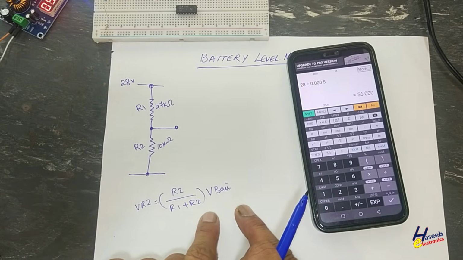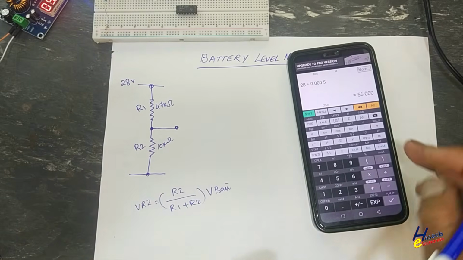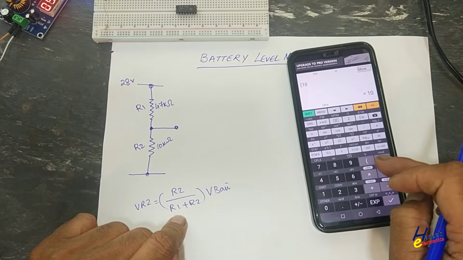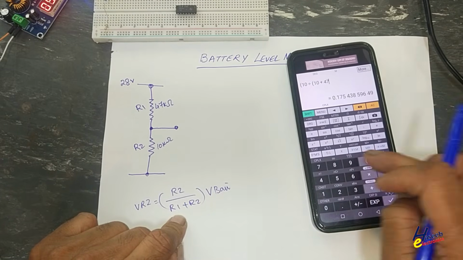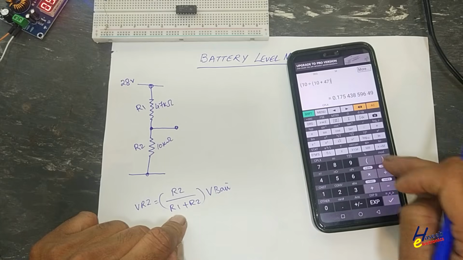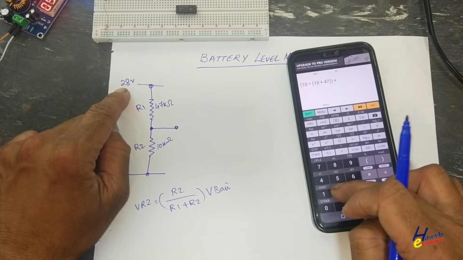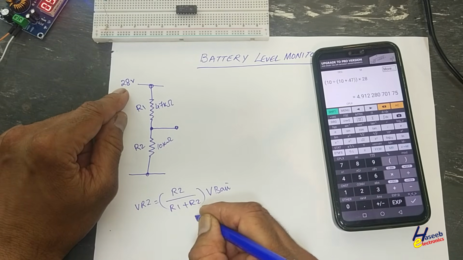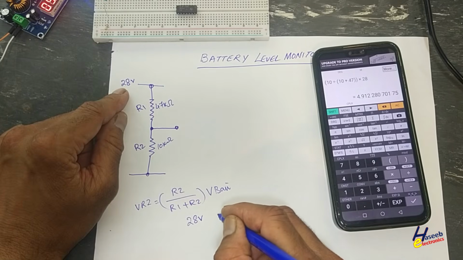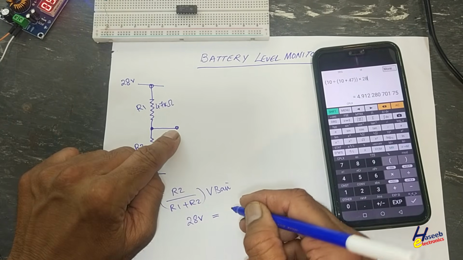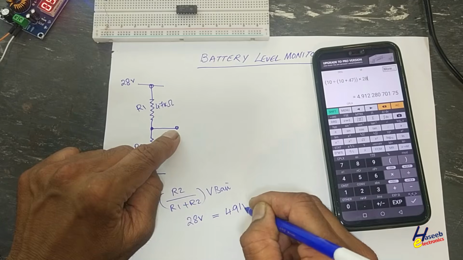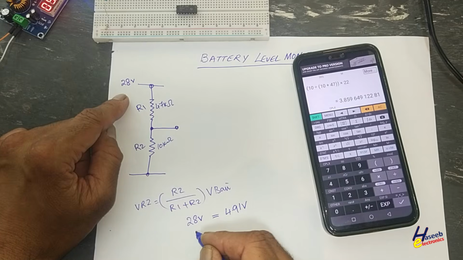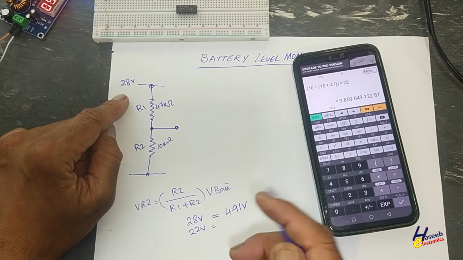We will use different values of the battery to monitor the voltage here. Let's suppose R2 is 10K divided by 10 plus 47, multiplied with 28 volt. At 28 volt we will receive 4.9 volts. When battery is full, 28 volts, output at this point will be 4.91 volts. If voltage is, let's suppose, 22 volts, we can set any required value.